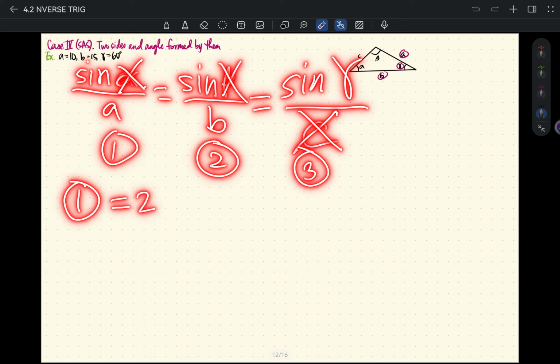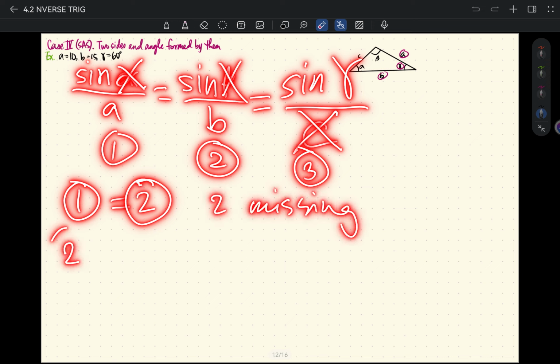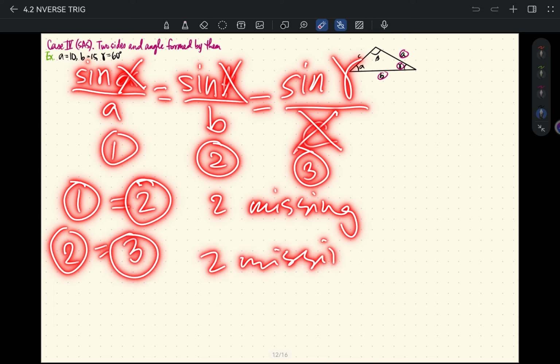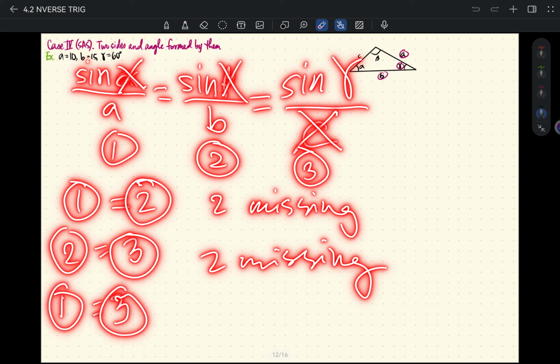If we equate 1 and 2, then we have 2 missing values. If we equate 2 and 3, we have 2 missing values. And if we equate 1 and 3, we have 2 missing values as well. So as you can see here, law of sines will be useless for now.